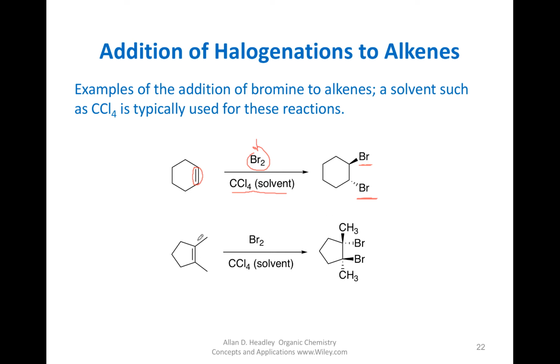Here's another addition reaction to the alkene, bromine, trans addition, dash and wedge. So here's a dash and here's the wedge. Do not put straight lines, because straight lines do not indicate stereochemistry. They just indicate bonding, but nothing about stereochemistry.